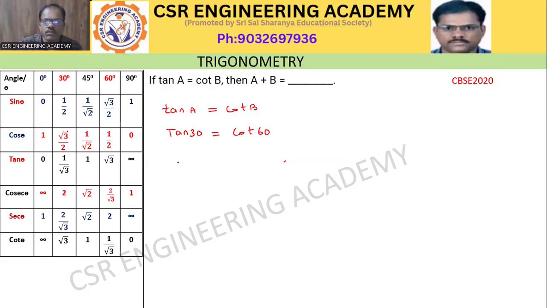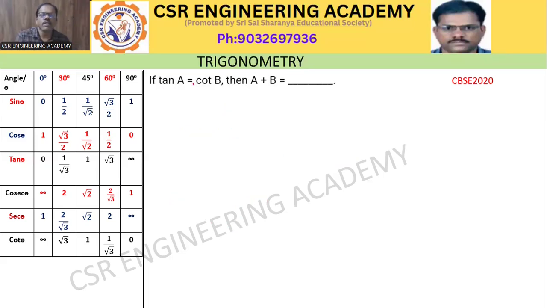Therefore, A is equal to 30 degrees, B is equal to 60 degrees. A plus B is equal to 30 plus 60, which is equal to 90 degrees.